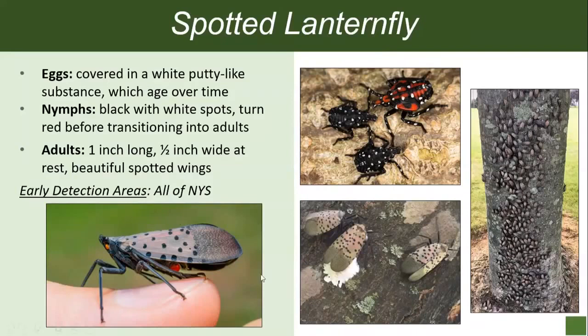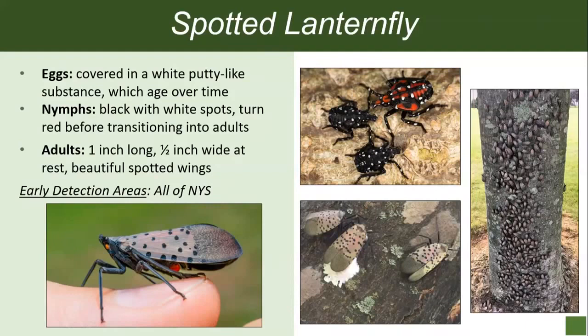The showiest stage is the adult stage. So this is the stage that most people are familiar with. And you can see why it's called the spotted lanternfly. You can see these black spots on the wings. When they open their wings, you can see that they are bright red underneath.